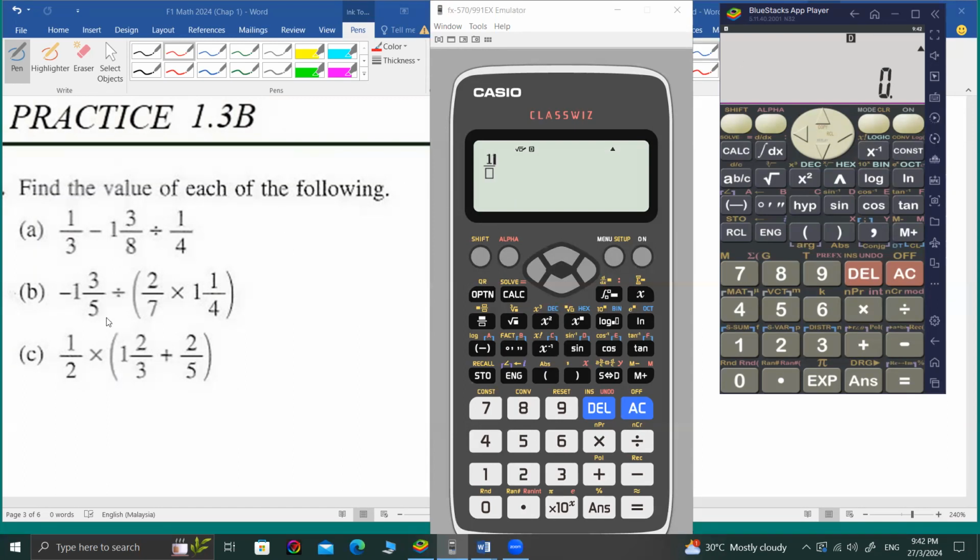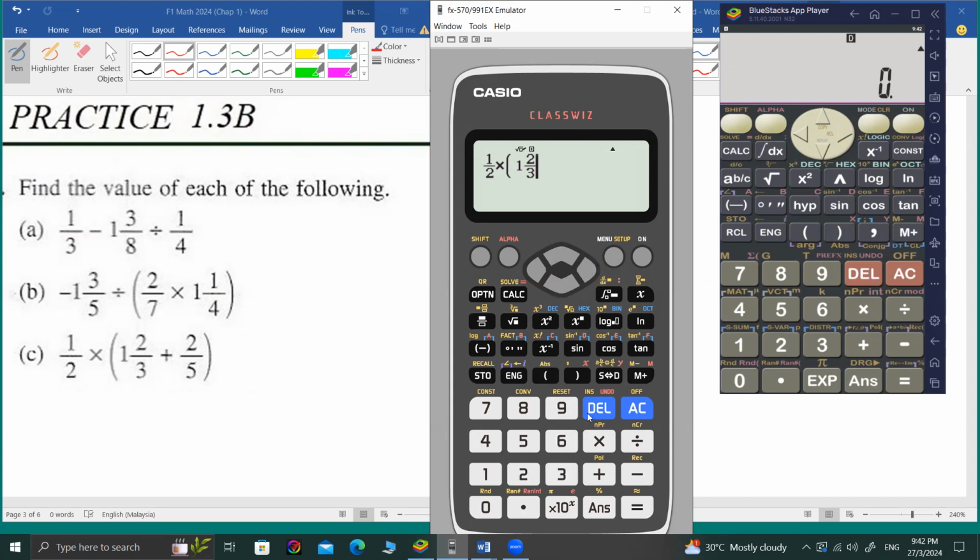Just follow here. 1 per 2. Go right arrow. Times. Put the bracket. Mixed number, you go this way. Can you see the orange one? 1, 2 per 3.